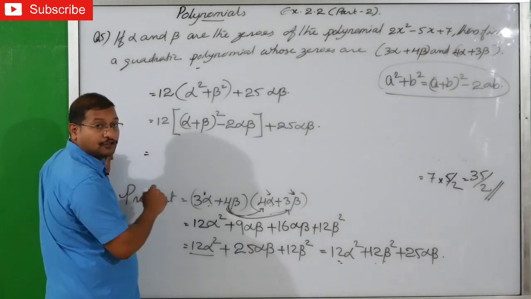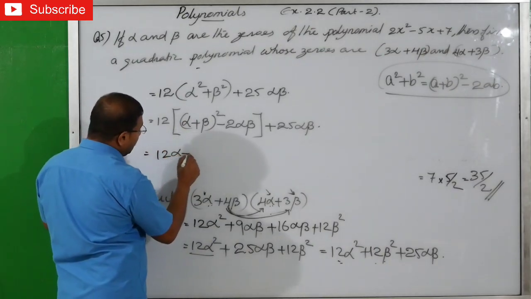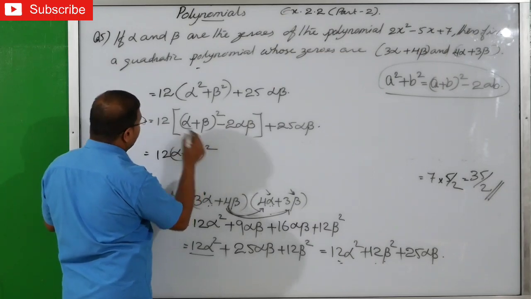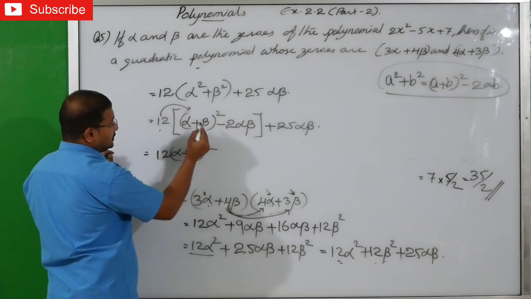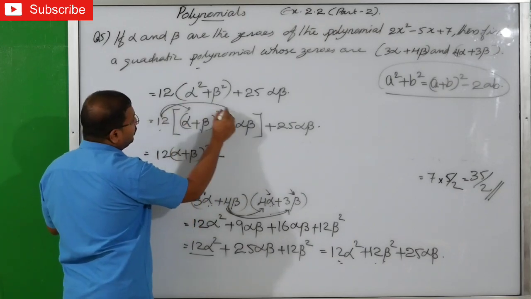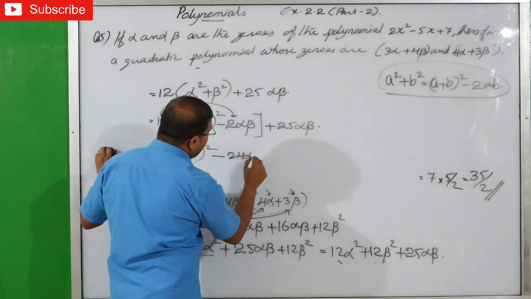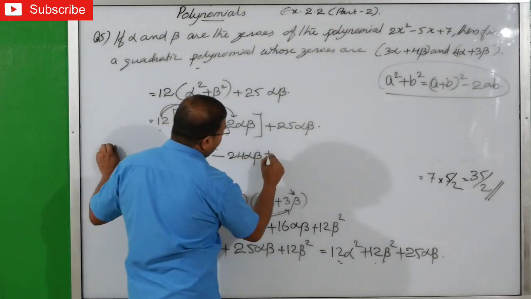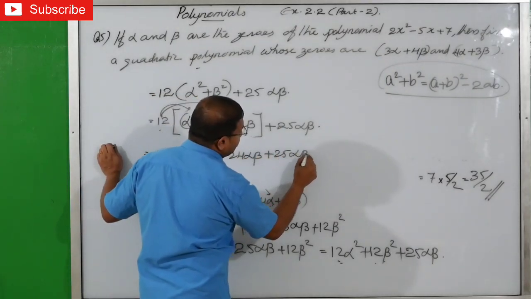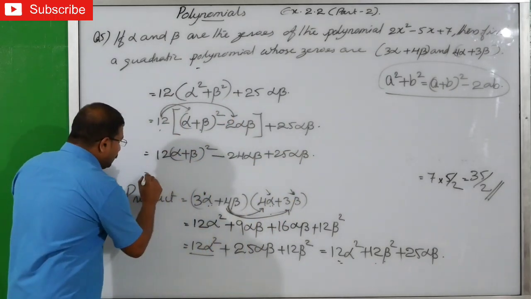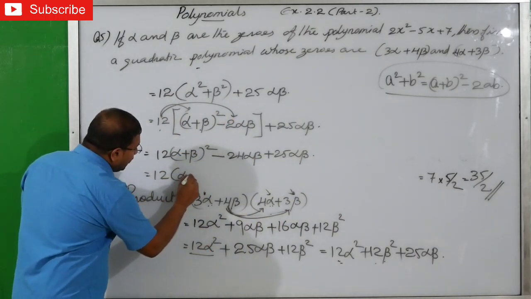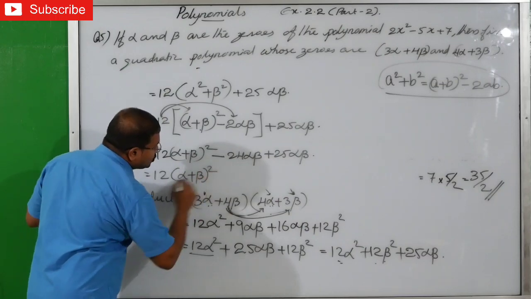Now we'll open with 12: 12 alpha plus beta the whole square, minus 12 into 2, 24 alpha beta, plus 25 alpha beta. This equals 12 into alpha plus beta the whole square.